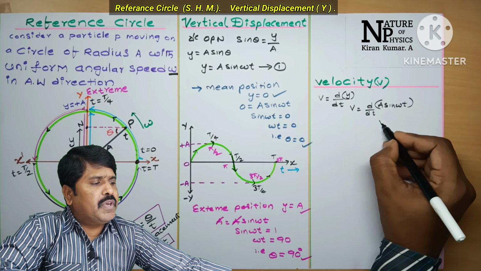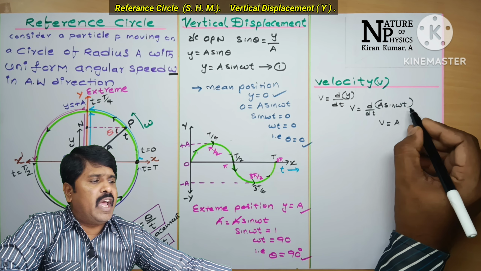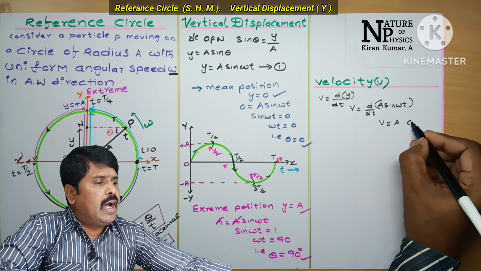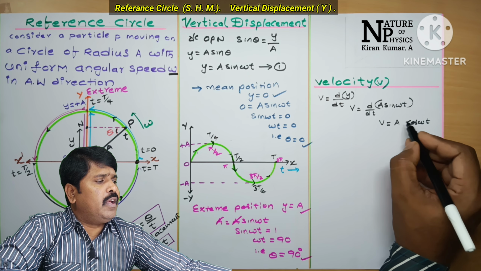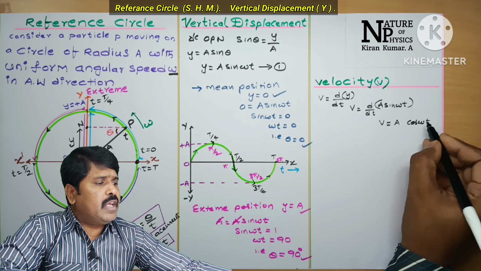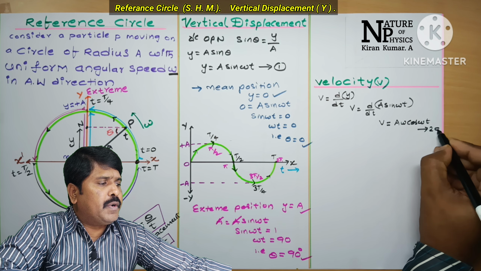Next, v is equal to a times the derivative of sin omega t, which becomes cos omega t, differentiating with respect to time only, and omega is common. I am writing this as equation number 2a.